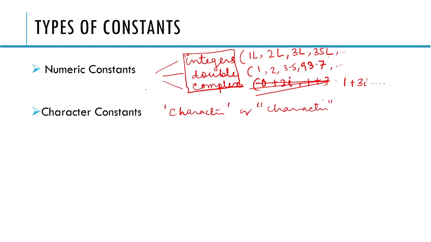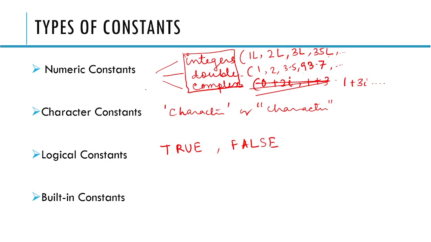Next are logical constants. Logical constants are the two constants that are true and false. They are logical constants.